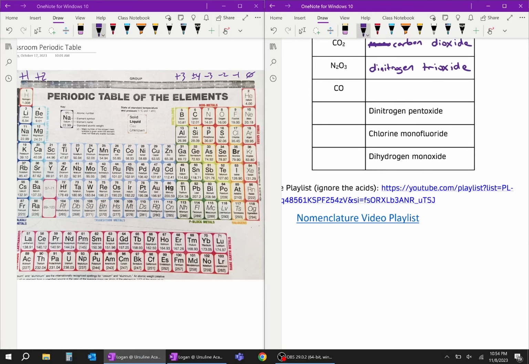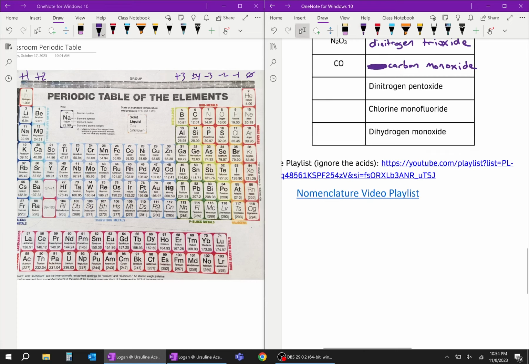Here I have one carbon, monocarbon, and I have one oxygen, monooxygen, but I don't end in oxygen, I end in oxide, and I never ever start with mono. Oh, you're not going to let me scratch that out? So this is called carbon monoxide. Going in reverse, I don't have to count any charges because covalent molecules don't have charges.